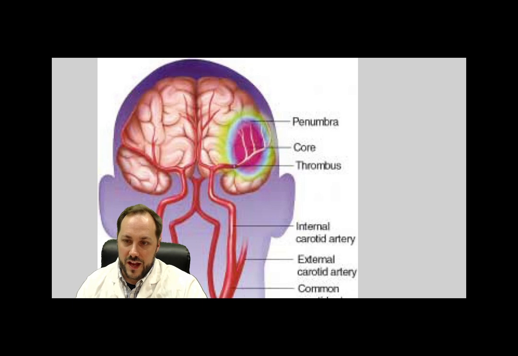So on this diagram, you can see that we have a thrombus sitting in the left middle cerebral artery, and then there would be this core of infarct where there's no blood flow, and these would be where the arteries would bleed. It would be in the same location, so you would just have return of the same symptoms. So in patients where we're having symptoms go away and then they return, then we're usually getting a CAT scan when we're called about that.